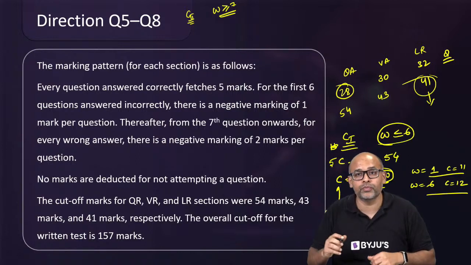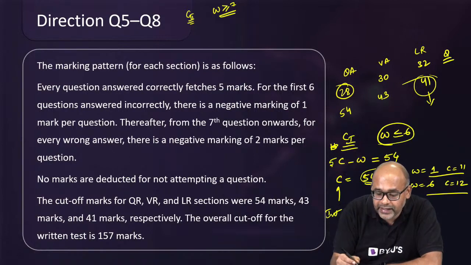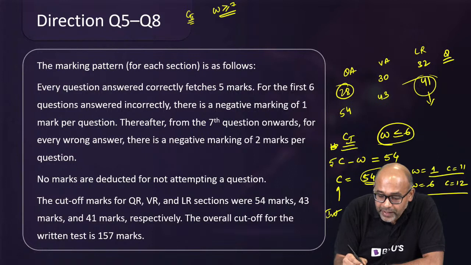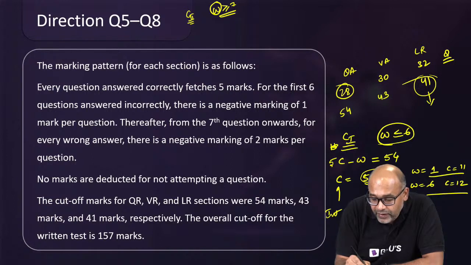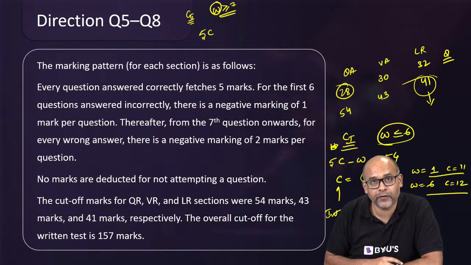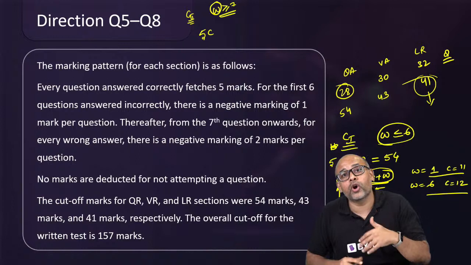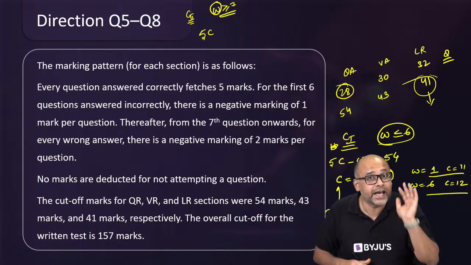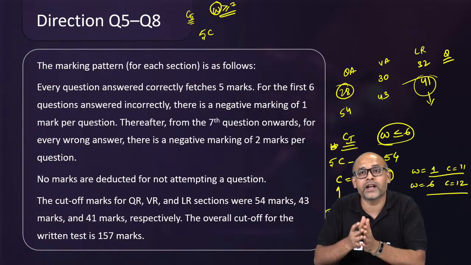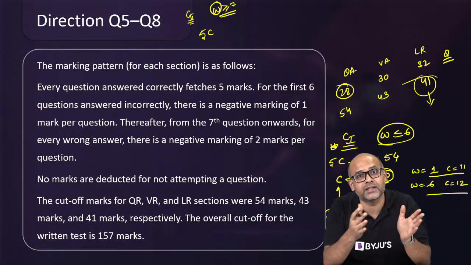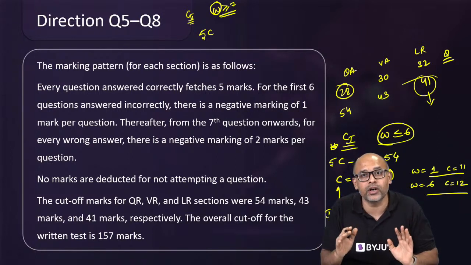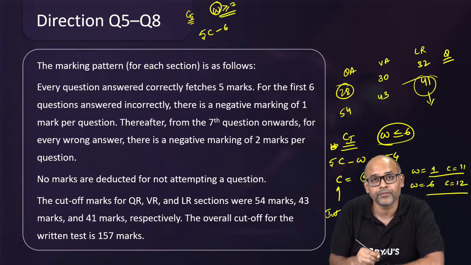So we got two things, keep in mind. Now the second case, once again the same logic. But in the second case, the number of wrongs is greater than or equal to 7. So I will write 5C for the corrects. Because my wrongs are 7 or more, I am already guaranteed to lose 6 marks, because the first 6 wrongs cost me 6 marks. So minus 6.